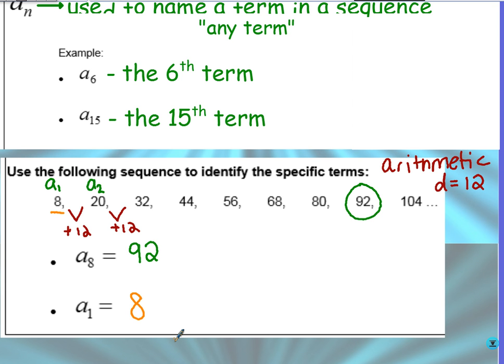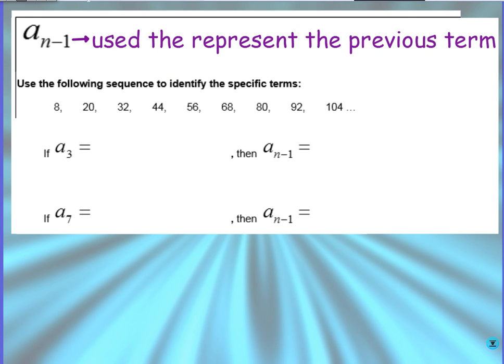The last one that we need to be able to identify, sometimes we're going to see something that looks like this, a sub n minus 1. This notation is used to represent the previous term in a given sequence. So if we continue using the same sequence from up above, let's look at down below here. So if a sub 3 equals, well, a sub 3 is the third term, so that's 32.